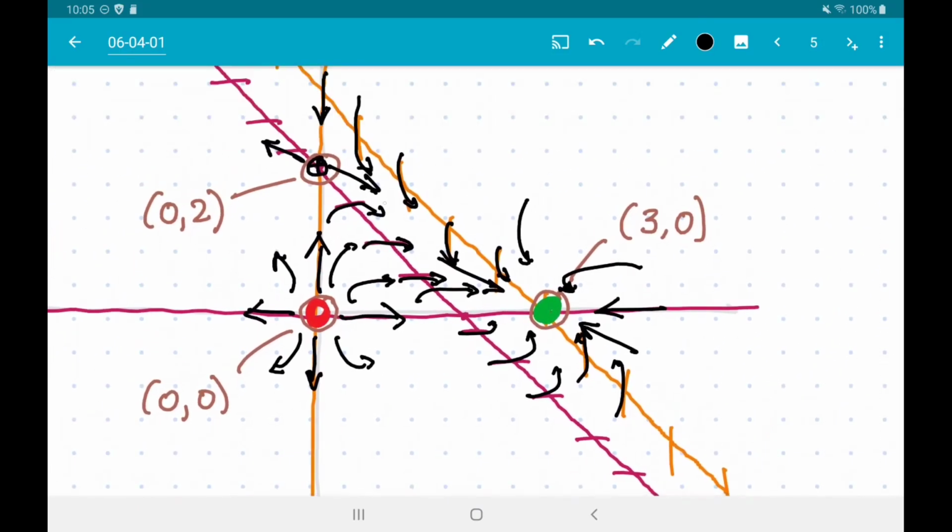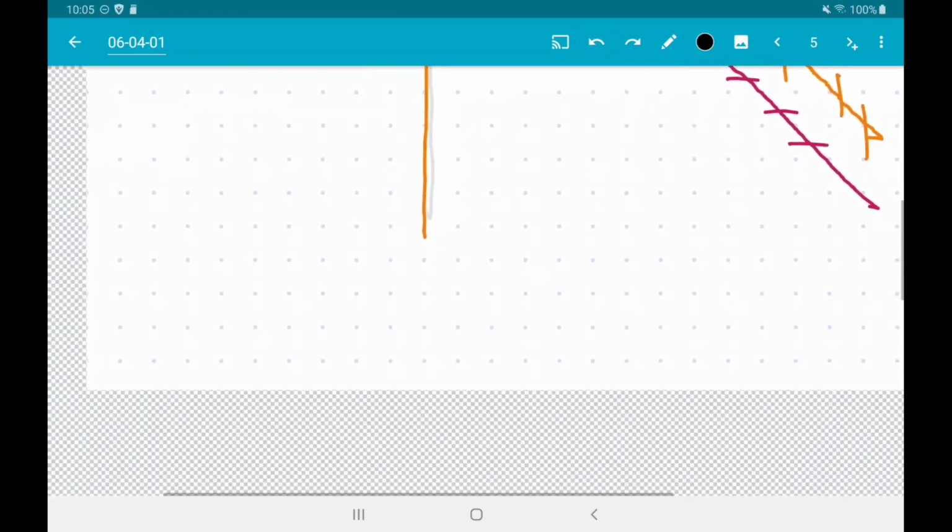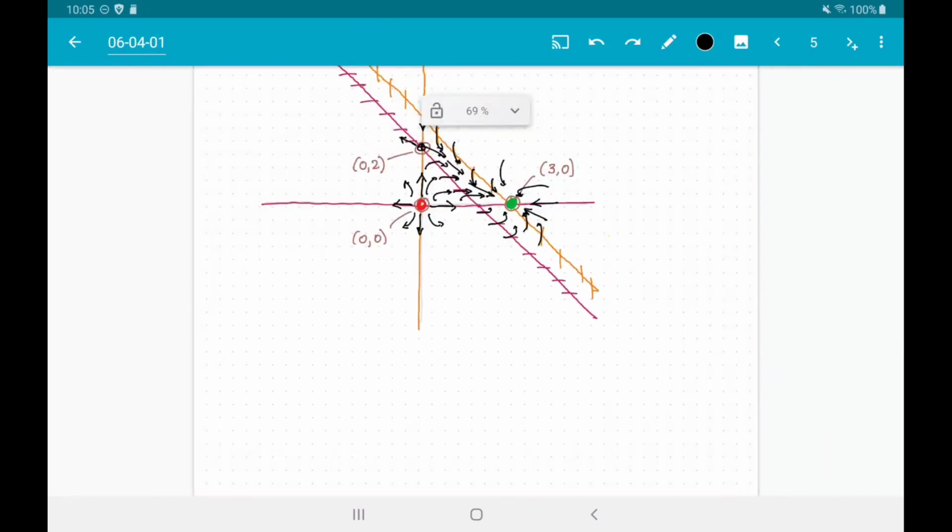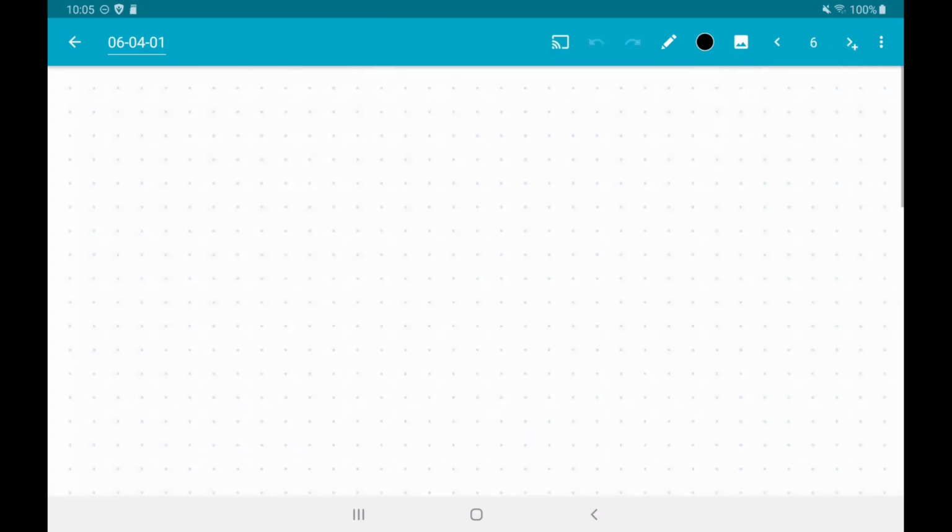If you notice, it looks like there might be a solution that goes straight from here to here. Let me show you how to confirm that. It works out pretty nicely just because of some accidents with how this vector field is defined.